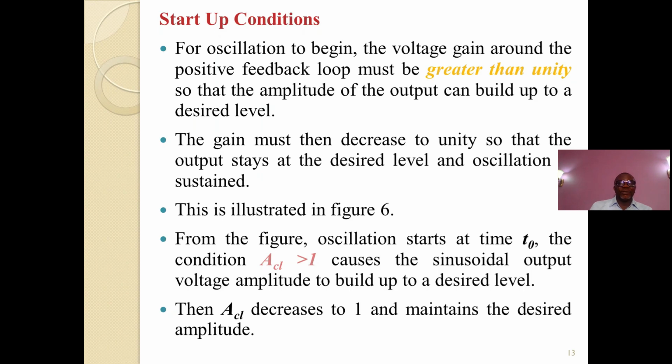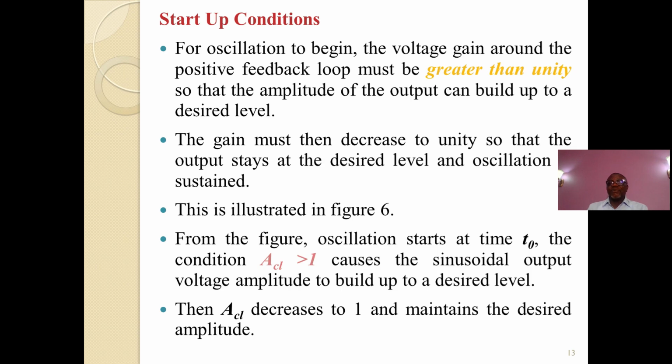Now, how does this oscillation start? Recall that we say that there is no input signal. Oscillators are electronic circuits that produce output without the necessity of any input signal. So, how does this oscillation start? We say, for oscillation to begin, the voltage gain around the positive feedback loop must be greater than unity.